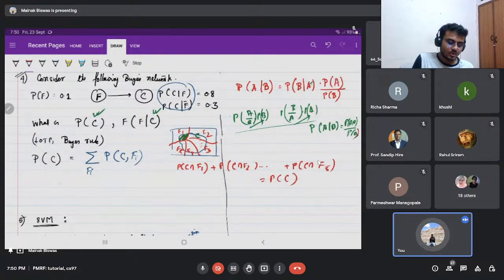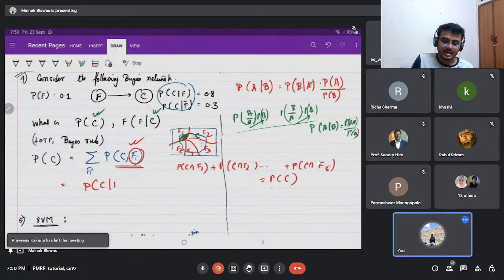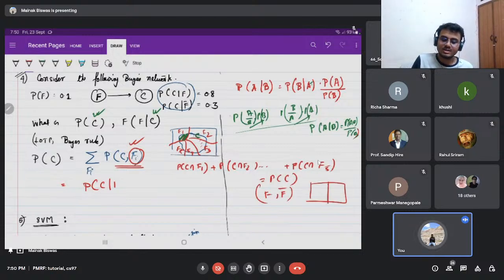So instead of doing this, you marginalize over all F. But you're not given this joint distribution. So what do you do? You use Bayes rule, as one of you was suggesting, I think Soumya. You have only two events given to you, F and F complement. These are exhaustive and exclusive events, right?